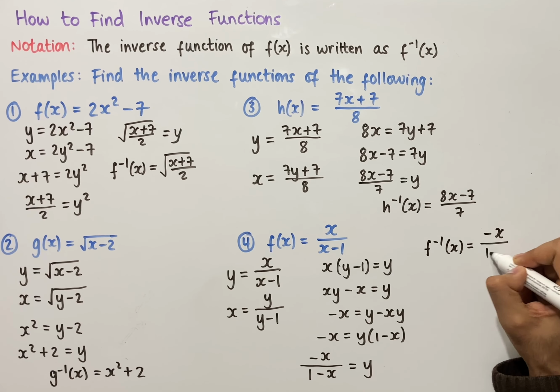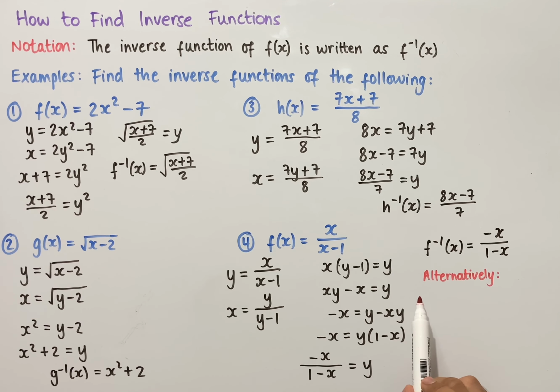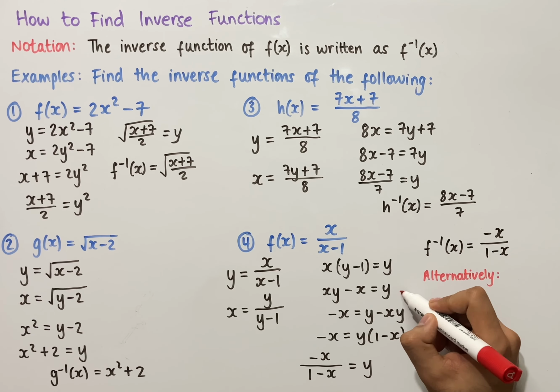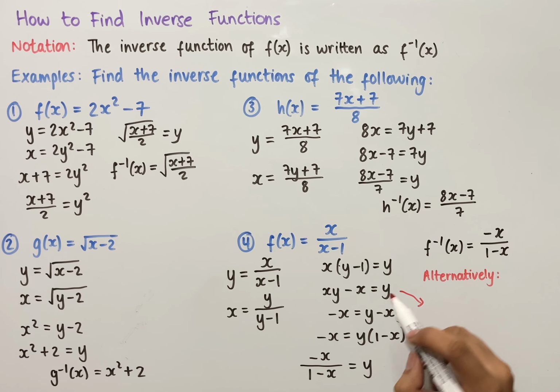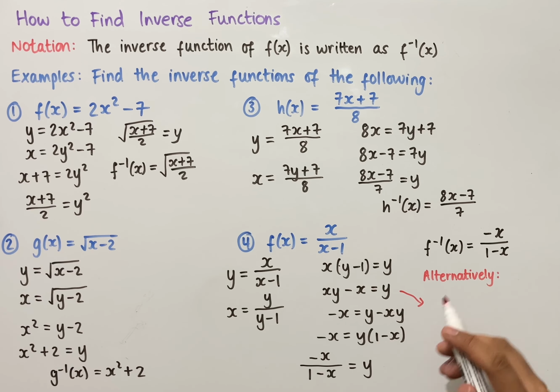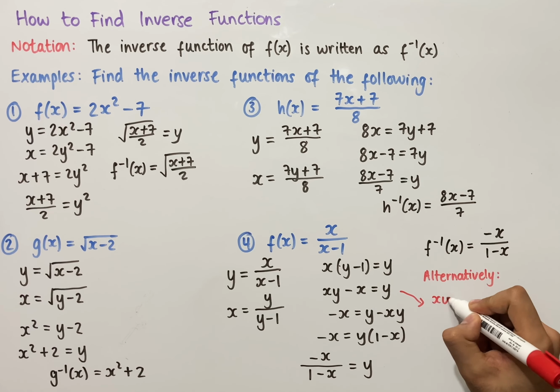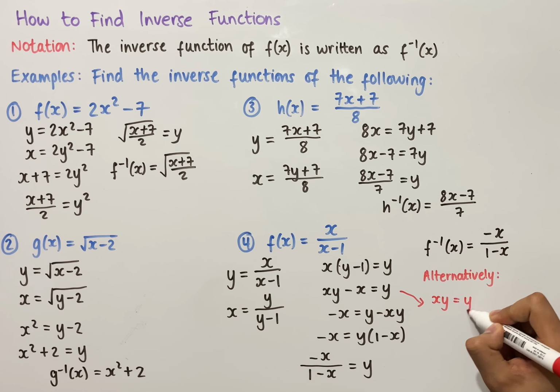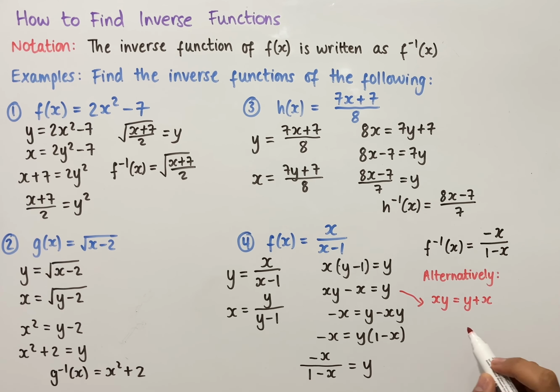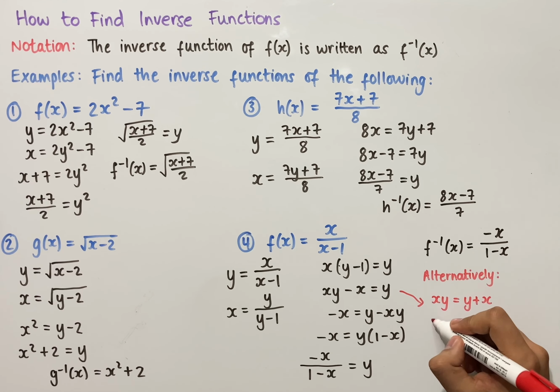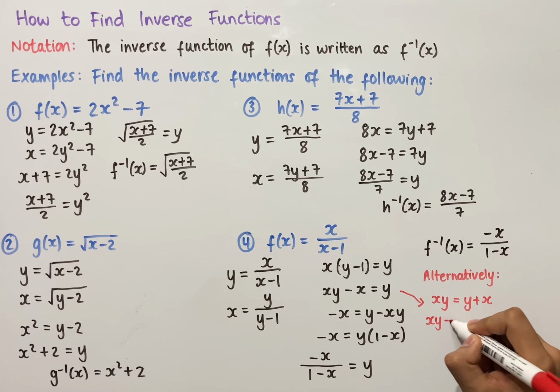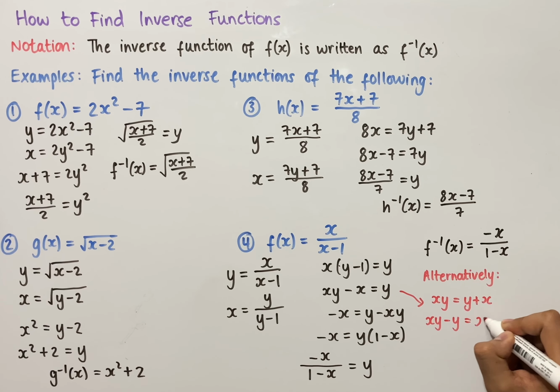Now with this example, alternatively, we could have got the following. So taking the line xy minus x equals y, we have, instead of subtracting xy from both sides, we can add x to both sides, which gives us xy equals y plus x. We can then subtract y from both sides, which gives us xy minus y equals x.